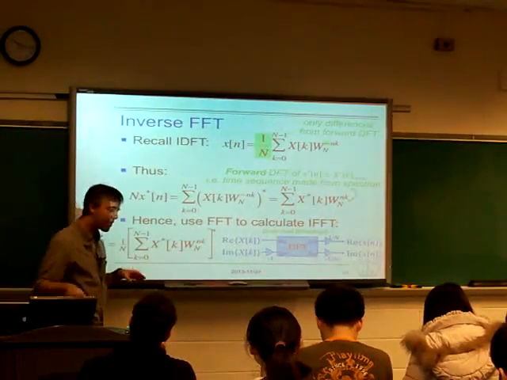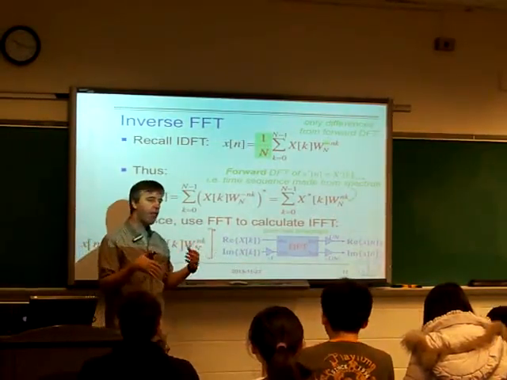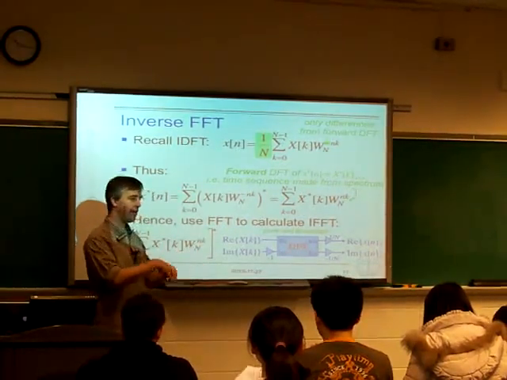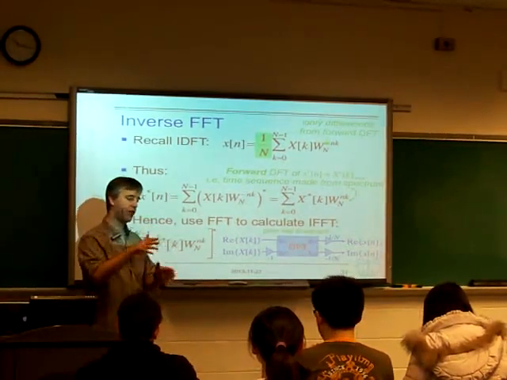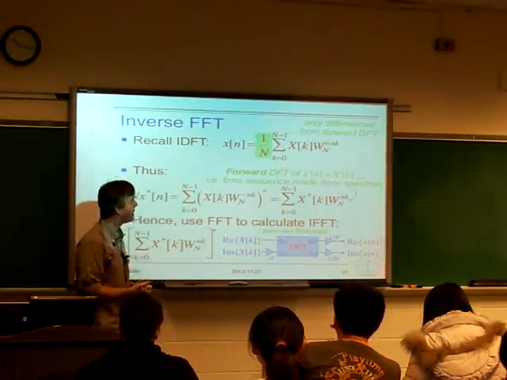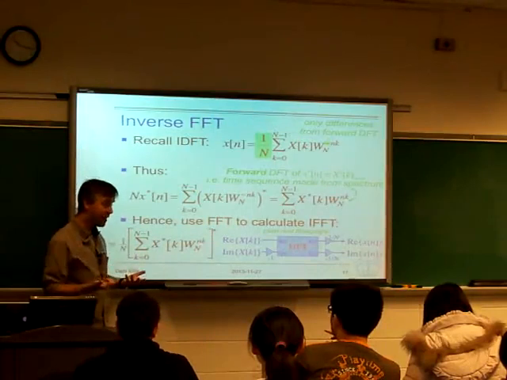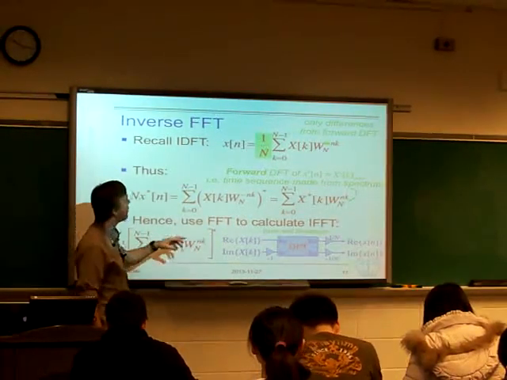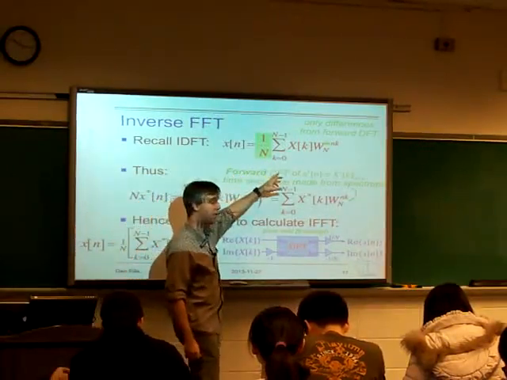Of course, if we're going to do this whole picture of processing in the Fourier domain, so we take a time domain signal, take its Fourier transform, modify it, take its inverse Fourier transform to get an output again, then we're going to need the inverse DFT as well as the forward DFT. Fortunately, the inverse DFT is almost the same expression as the forward DFT, right?